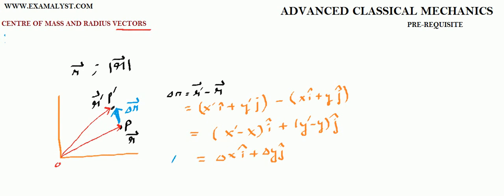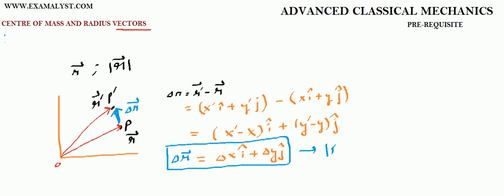So this is the delta r vector in terms of the Cartesian coordinates. Remember, this is still in the vector form. To calculate the length of delta r, you can take the mod of delta r, that we have already done in our last lecture. So as I stated, r dash has two coordinates, x dash and y dash, and p has two coordinates, x and y.